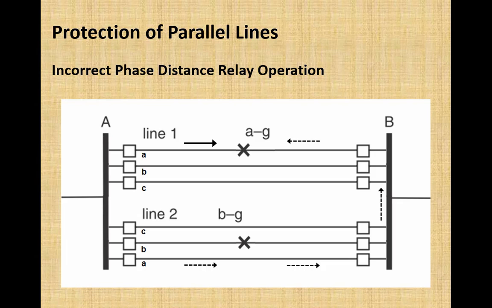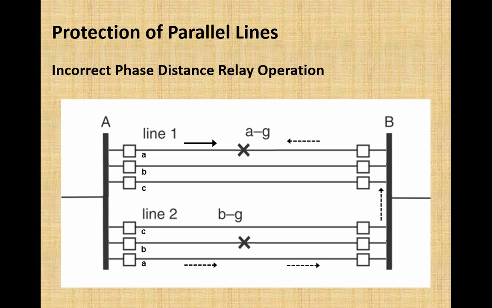Multi-circuit transmission line means multiple three-phase circuits along the same tower. So it happens very often that a fault in one line is extended to a fault in the parallel transmission line. In this particular example, there was initially a single line to ground fault in phase A of line 1 that has extended to a line to ground fault in phase B of line 2.